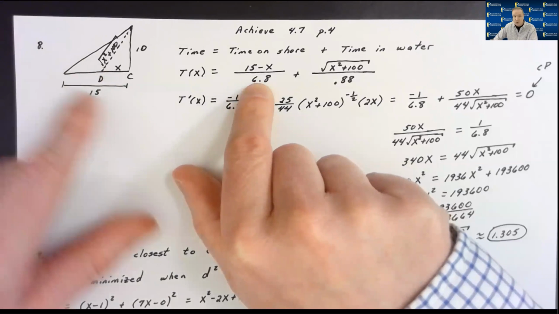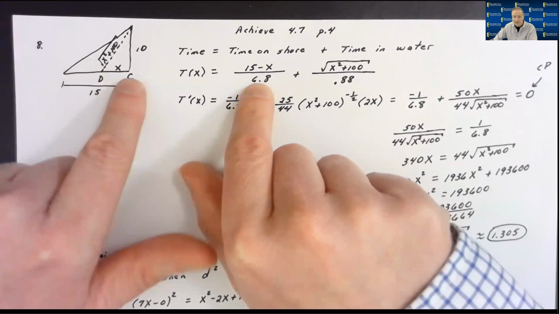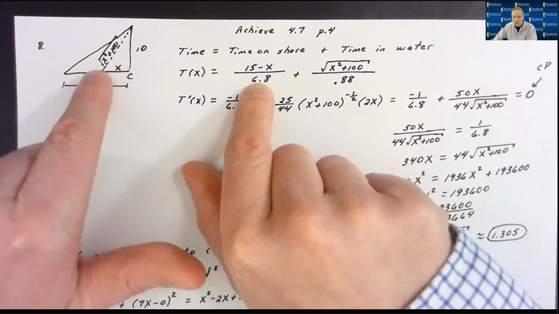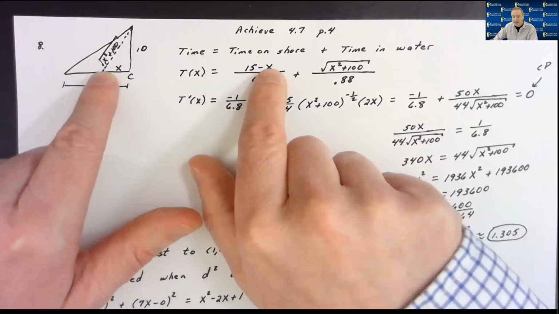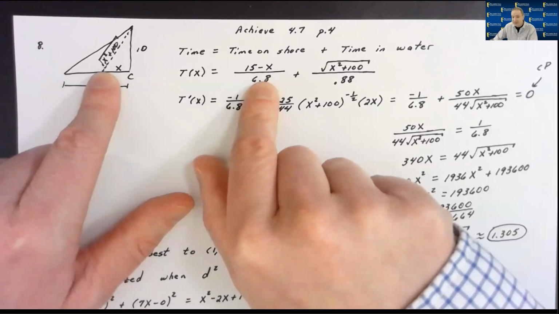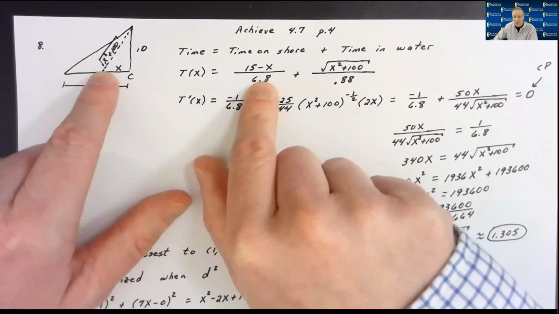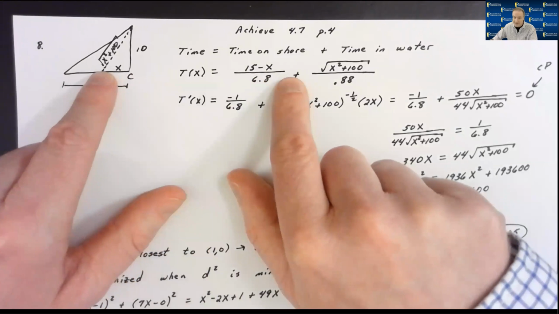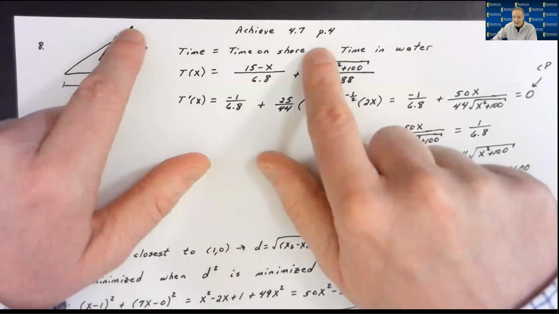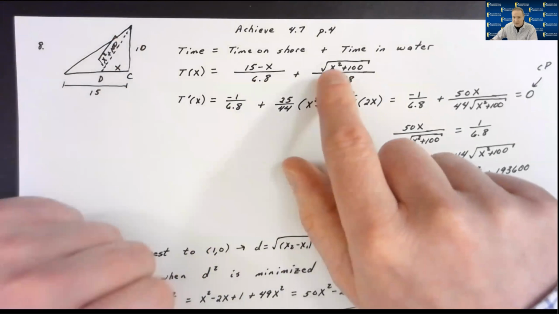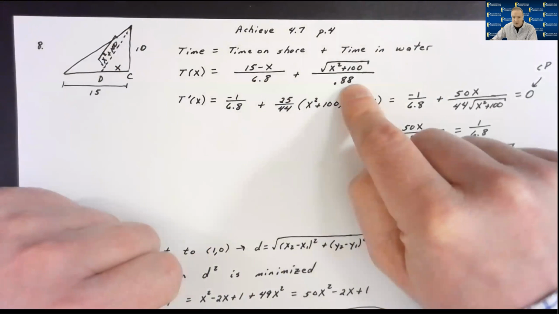Well, the distance on the shore clearly is going to be 15 minus however much of the shore he's bypassing by the route he takes. So 15 minus X is the distance on the shore divided by the rate that the dog can run on the shore, 6.8 meters per second. Plus the distance in the water divided by the rate in the water is going to be the time spent in the water. So time is equal to distance divided by rate.